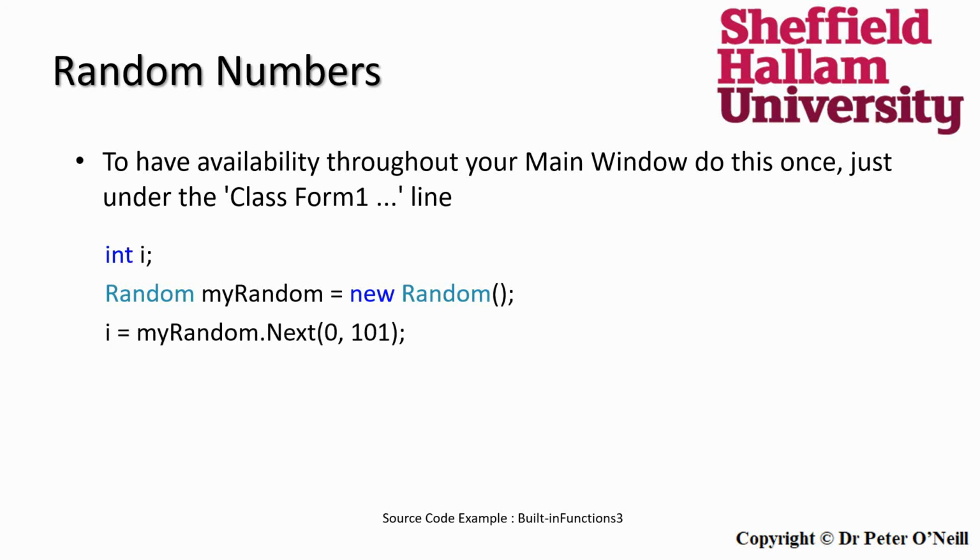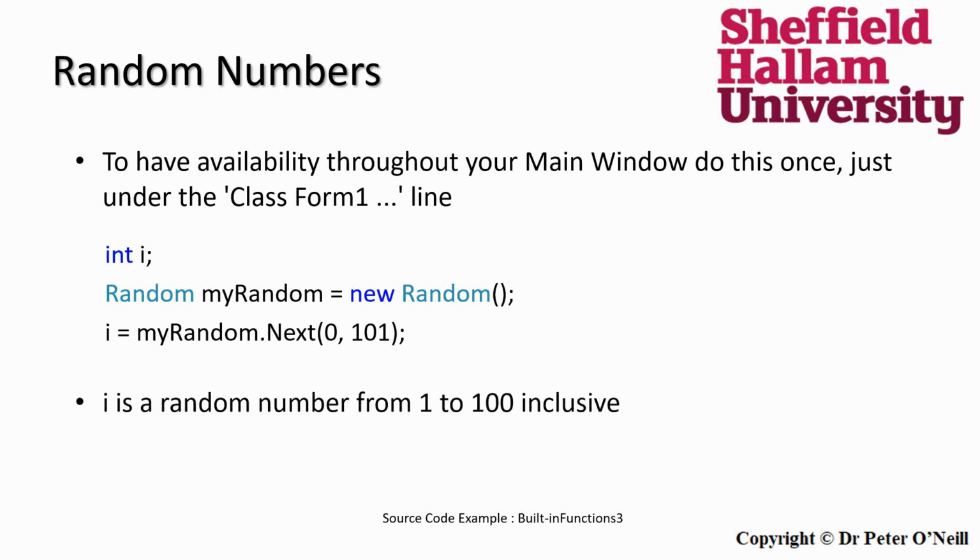So then I've got this. I becomes my random dot next 0, 101, close brackets semicolon. What this does is it picks me a number out at random between 0 and 100.